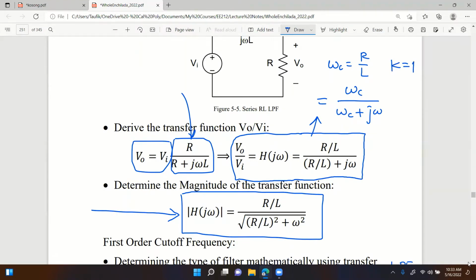Now, imagine if you already know that a low pass filter follows this equation.